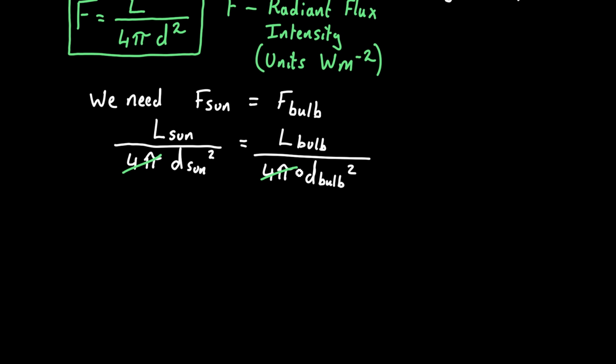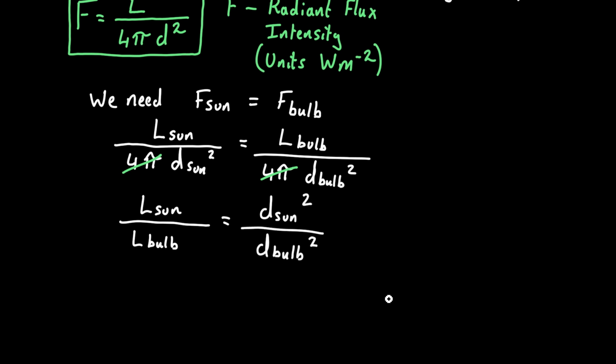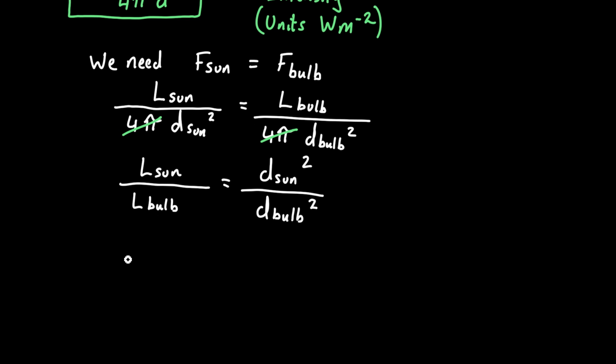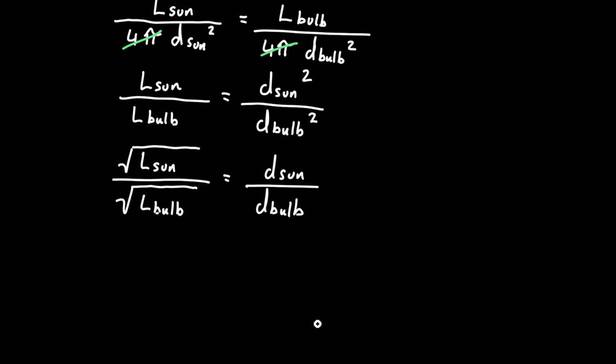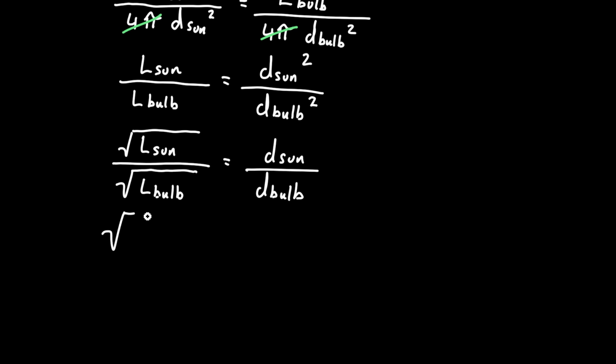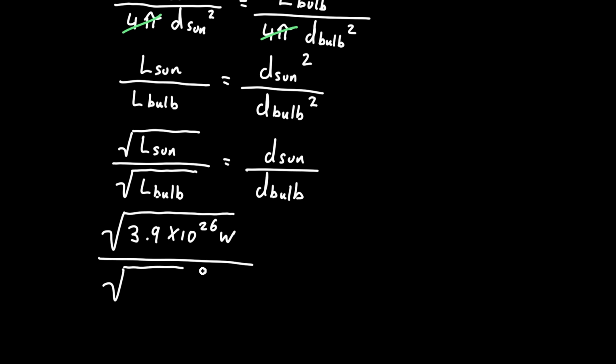If I divide both sides of the equation by the luminosity of the bulb, and multiply both sides by the distance to the sun squared, we can move the luminosity terms to the left-hand side of the equation and the distance terms to the right-hand side. We want to get rid of this squared term on the right-hand side, so we can square root both sides of the equation, which I've done, and we can write out the luminosity for the sun, the luminosity for the bulb, and the distance to the sun here.